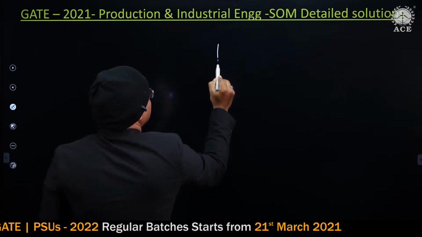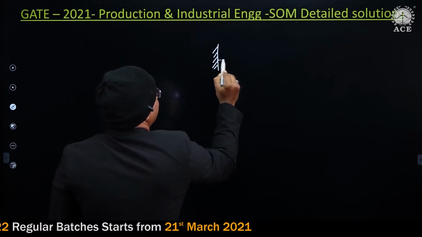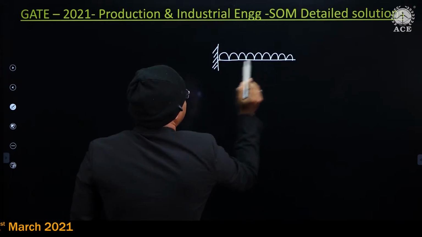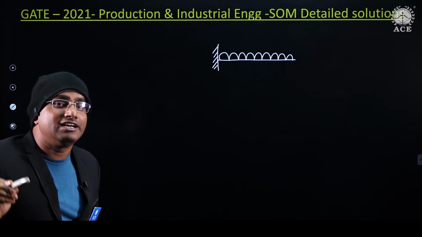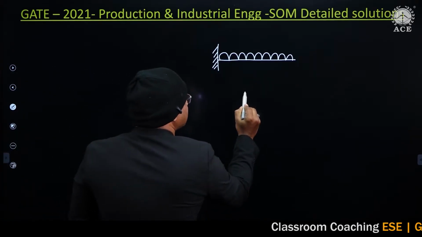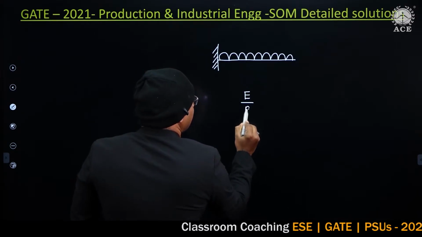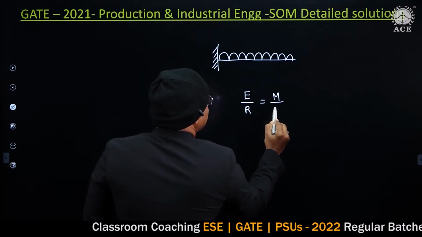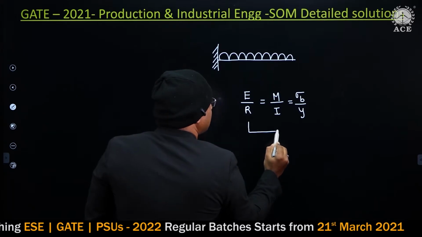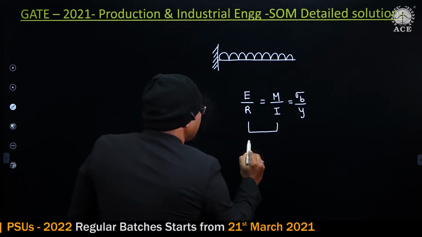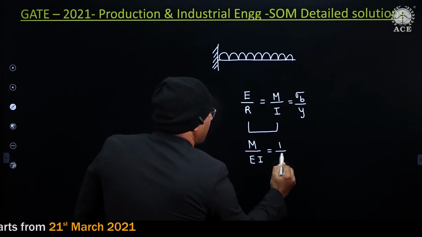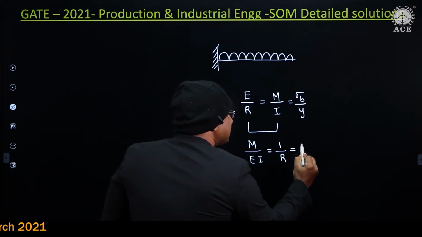Now observe carefully. This is the cantilever beam subjected to UDL. It is asking the magnitude of curvature. How can you get the curvature? Standard formula. You know the flexure formula: E by R, M by I, that equals sigma B by Y. From these two, M by EI equals 1 by R. R means radius of curvature, 1 by R means curvature.